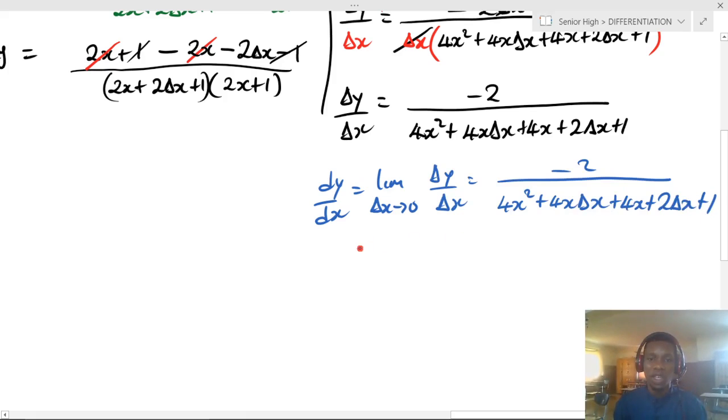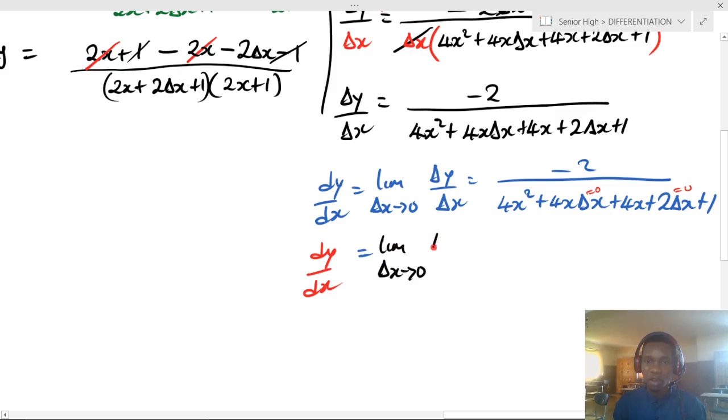Wow, that's a long walk. Okay, and then as this tends to 0, you just cancel out. So this one becomes 0, and 0 multiplying 4x is still 0. This one becomes 0, and 2 multiplying changing x is still 0.